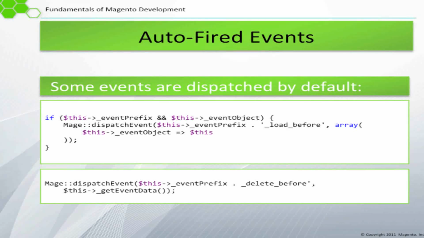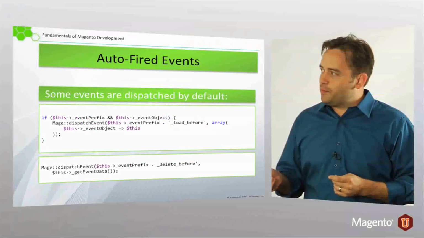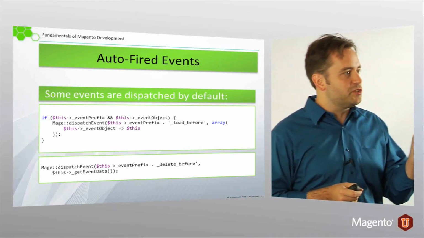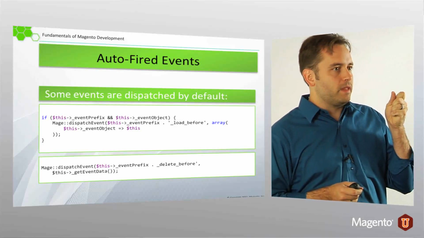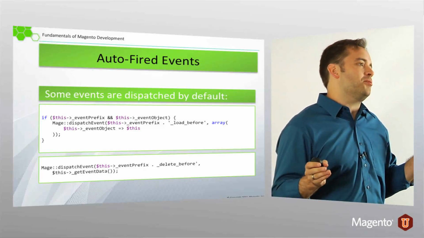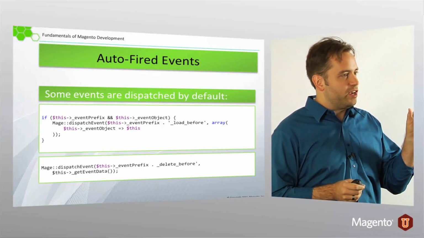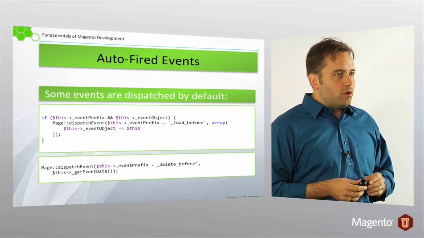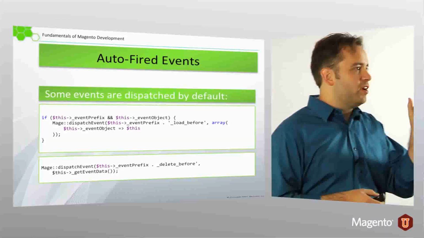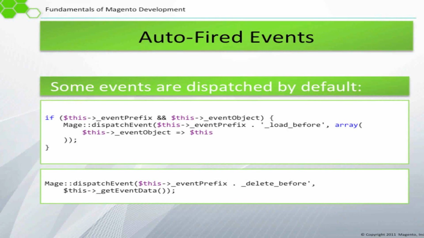So before we get into a nice practical example of event observers, I do want to point out that there are lots of auto-fired events. I think you recall me mentioning yesterday that there are several events which are automatically fired, just based on configuration of your object, you can actually pass in your own string to identify your object, and based on different methods that can be called on your object, you'll end up with these different events being fired.